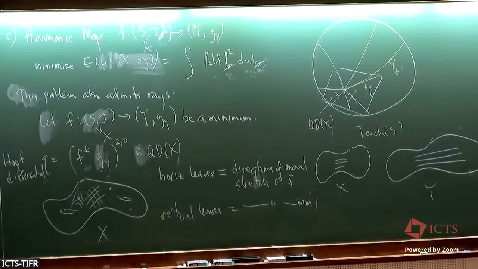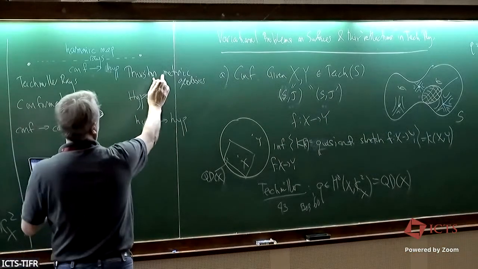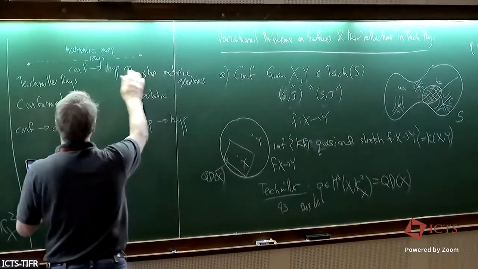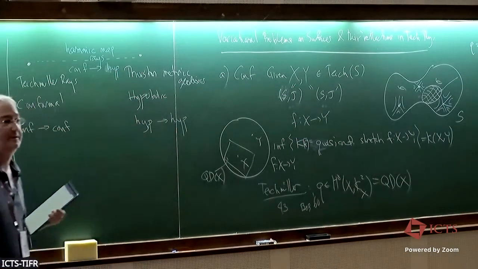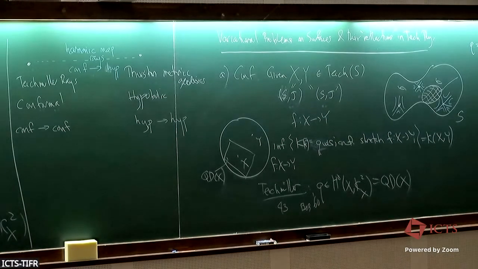Right. And I'll remind you, the overall picture I want to present is Teichmuller rays on the left, Thurston metric geodesics on the right, harmonic map rays in between. And I promise to get to that in a month. Yes.